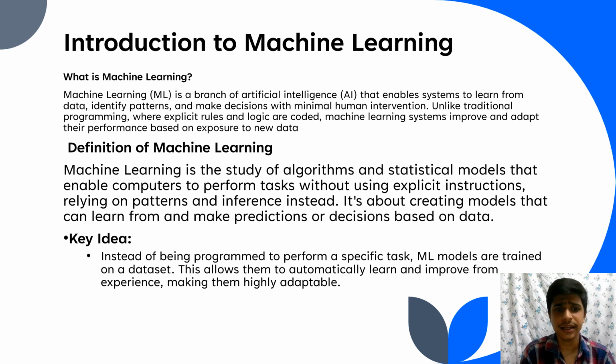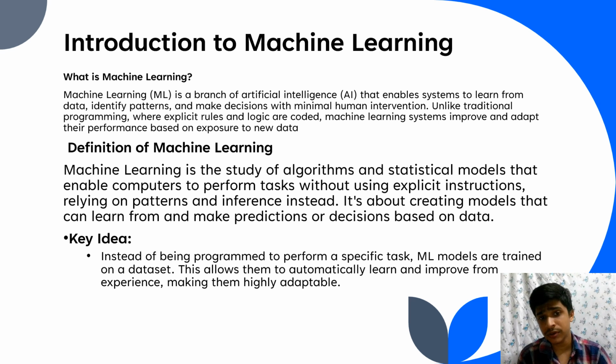Machine learning is the study of algorithms and statistical methods that enable computers to perform tasks without using explicit instruction, relying on patterns and inference instead. It's about creating models that can learn from and make predictions or decisions based on data. So this is the definition of machine learning.